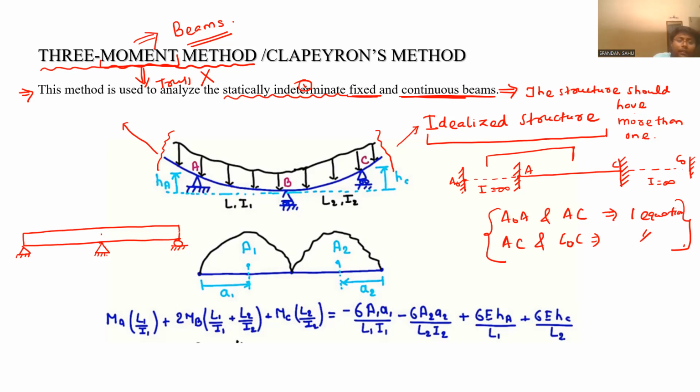So you are telling me the disadvantages of the three moment method. I am asking the other way around. I am rephrasing my question: in what way is the three moment method called a force method?